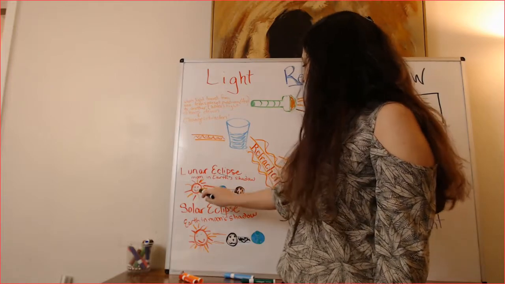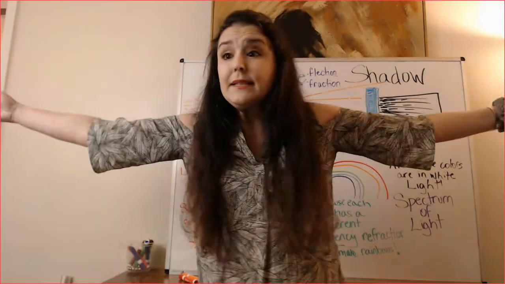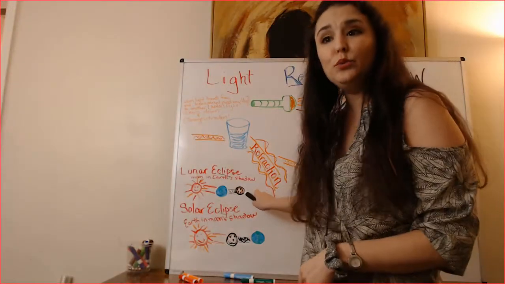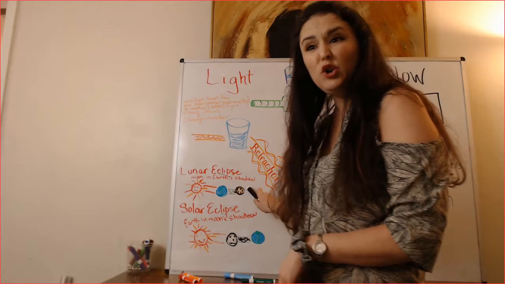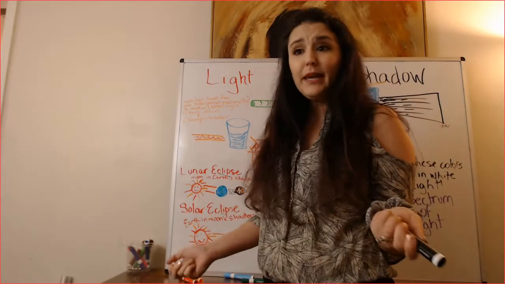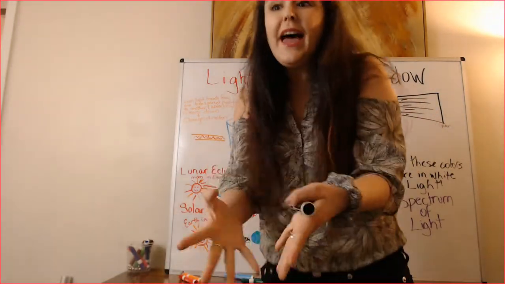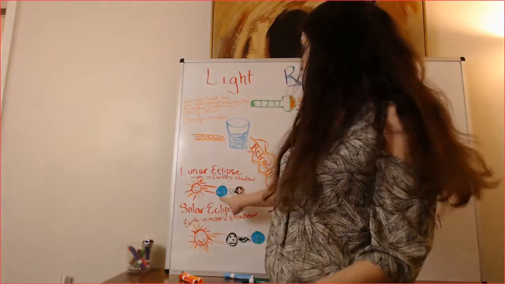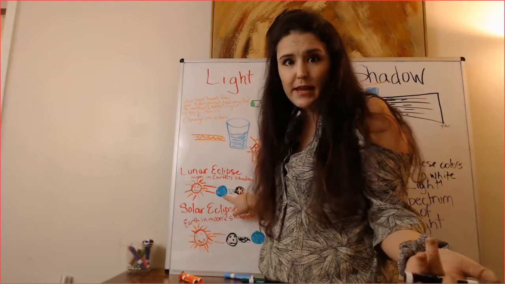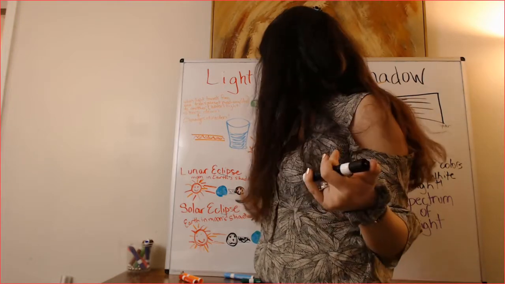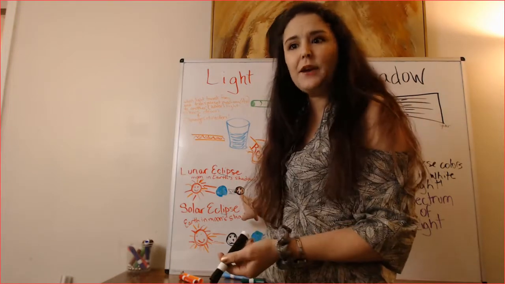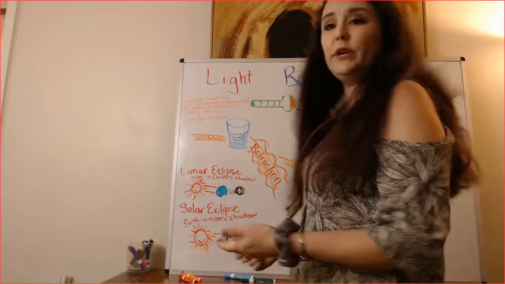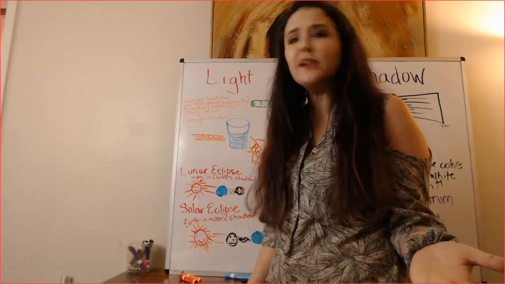So the sunlight comes down, but the earth blocks it. And we can't see the moon. Because the moon, unlike the sun, doesn't make its own light. It reflects the sun's light back to us. So if it's in a shadow, it can't reflect light back to us, can it? There's no light. It's blocked. It's in a shadow. That is a lunar eclipse when the moon is in the Earth's shadow.